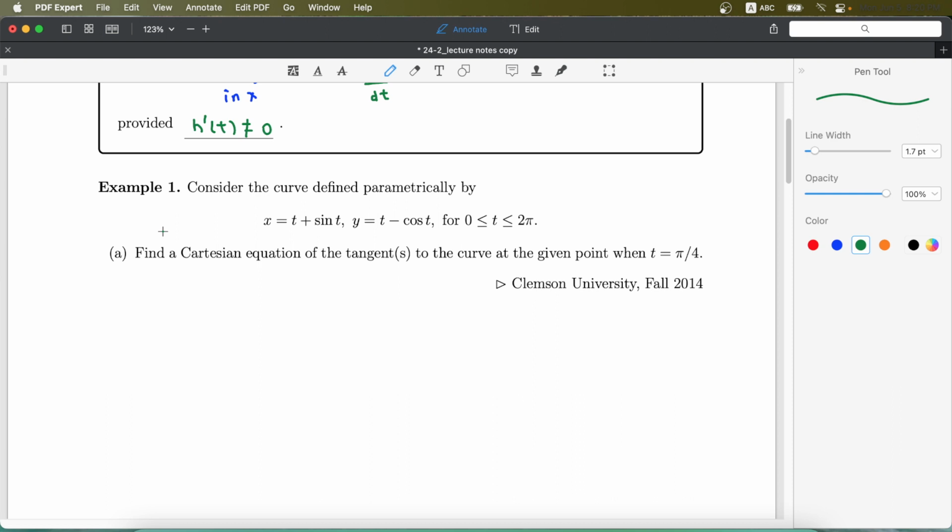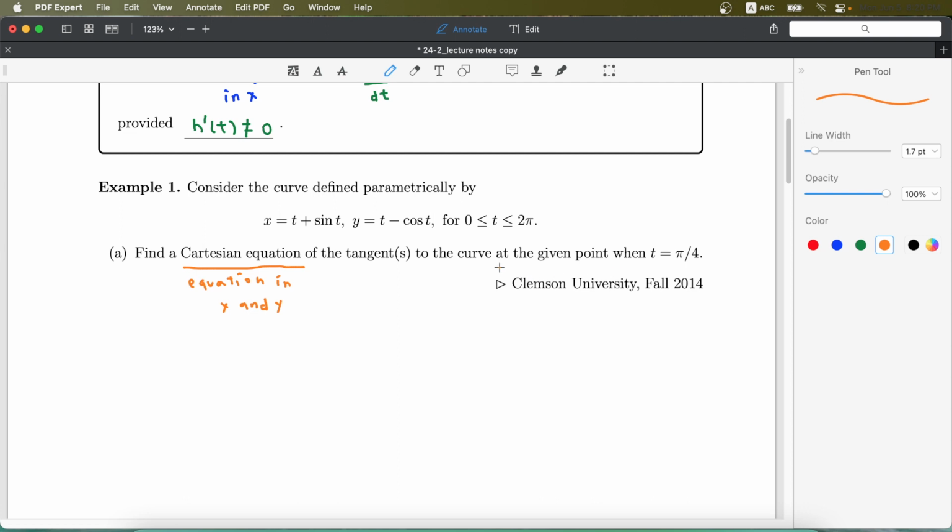For the first part, we want to find a Cartesian equation, which means an equation in x and y, of the tangent line to the curve at the given point when t equals pi over 4.